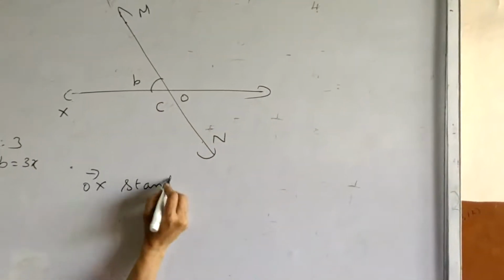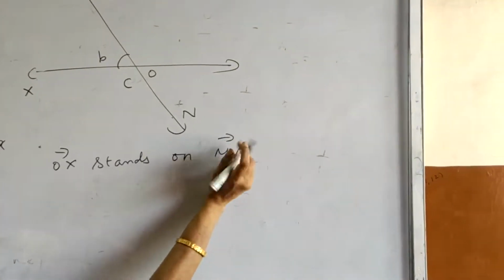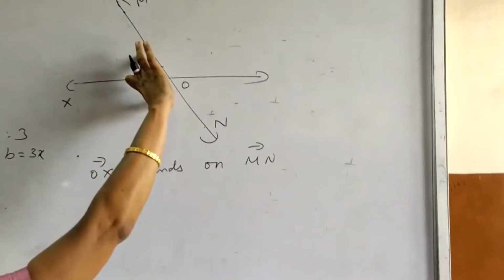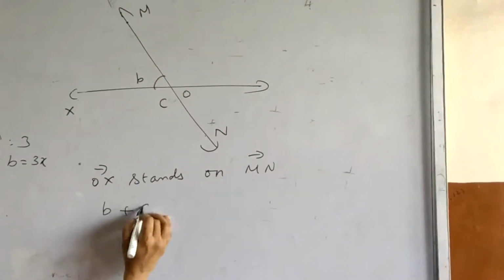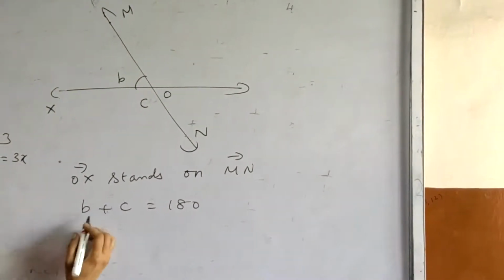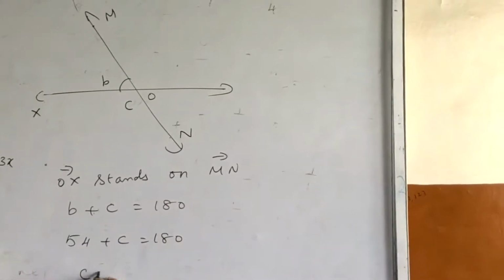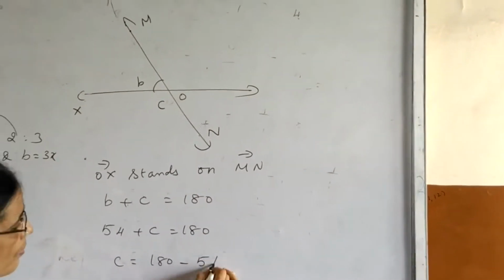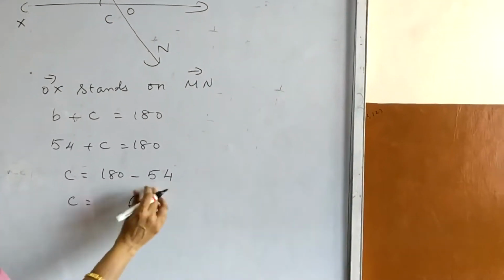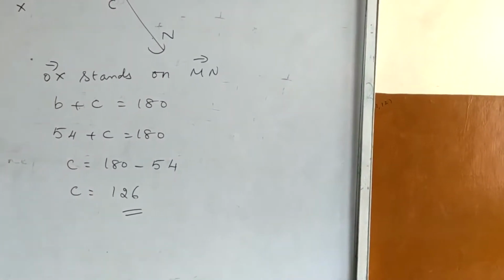I write ray OX stands on line MN. Therefore, again we are going to use here axiom 6.1. These two are adjacent angles. So directly I write B plus C equal to what? Equal to 180. We got the value of B as 54 plus C equal to 180. Therefore, C is 180 minus 54. C is equal to 126.